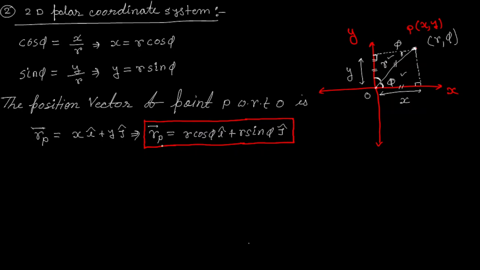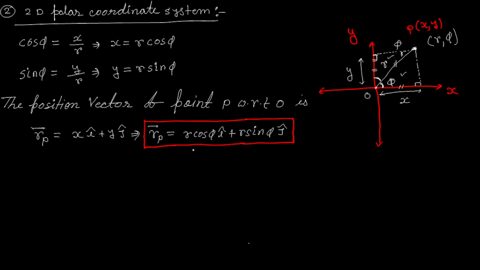In this case, the position vector is a function of 2 variables, r and phi, so we can define 2 unit vectors, one associated with r and one associated with phi. These directions represent, when phi is fixed, in which direction r will increase, and when r is fixed, in which direction phi will increase.